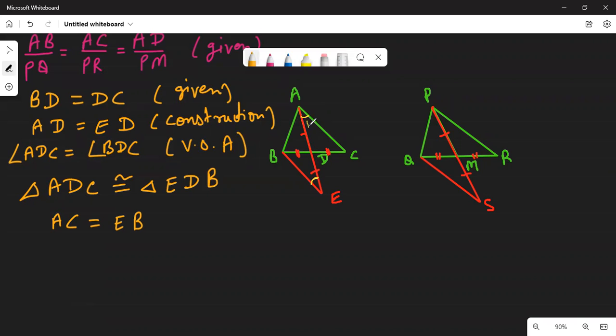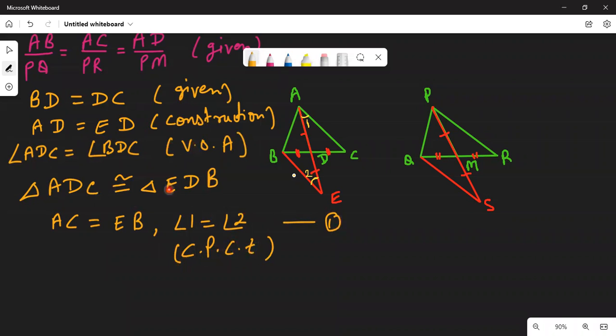If I name this angle as angle 1 and this as angle 2, we can say angle 1 is equal to angle 2. Let's name this equation 1, and this comes from CPCT, corresponding parts of congruent triangles.